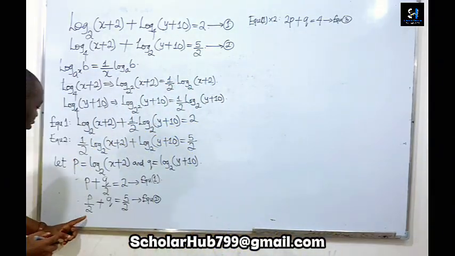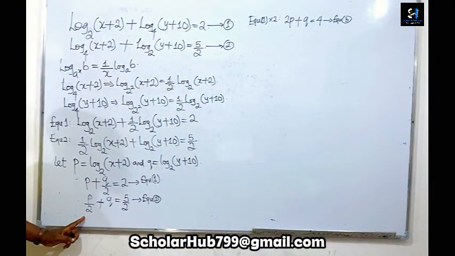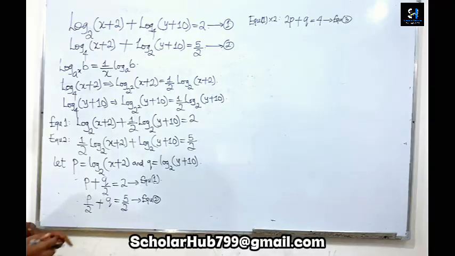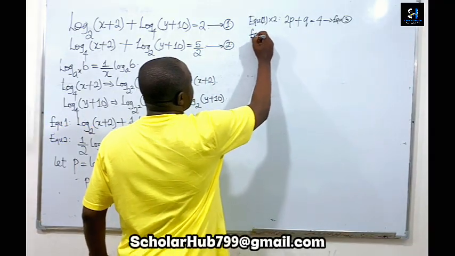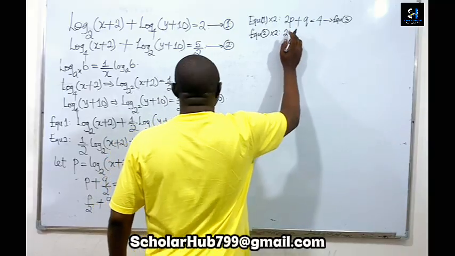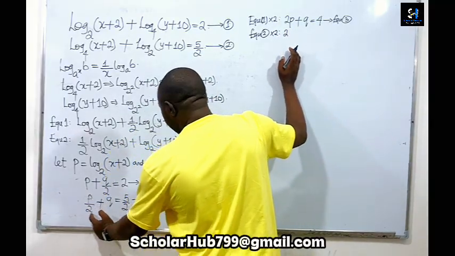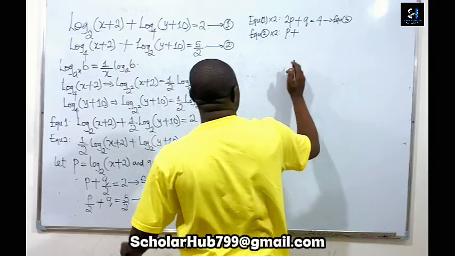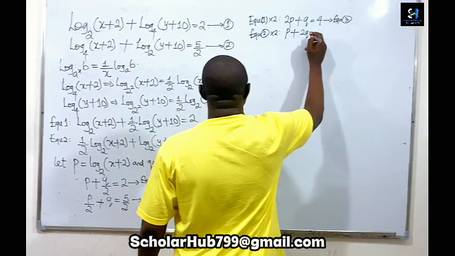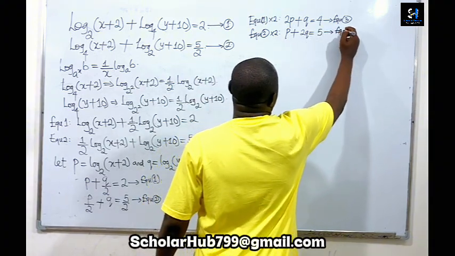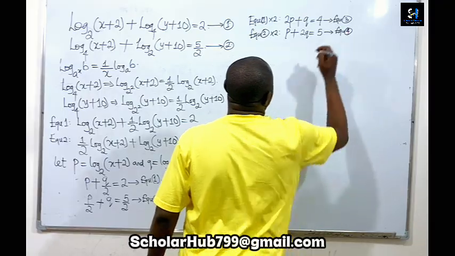Then I'll again multiply equation 2 by 2 to get rid of the 2, which is the denominator of p. So equation 2 multiplied by 2, which is 2 times p over 2, that will be p. Then 2 multiplied by q, we have 2q. 2 times 5/2 will be 5. And then we have equation 4.